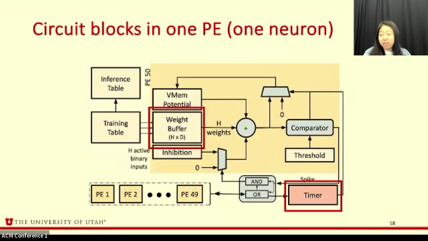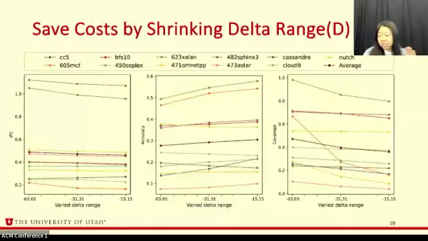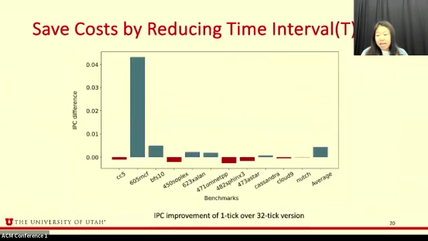However, we do have lots of engineering knobs that we can tweak to reduce the overhead, such that we can work on a reduced range of delta instead of the full range of 127. And we can also reduce the time interval to see more. You will see more results from tuning different knobs in our paper.